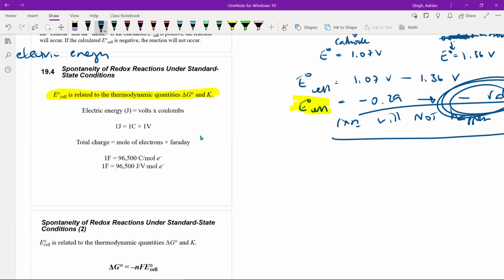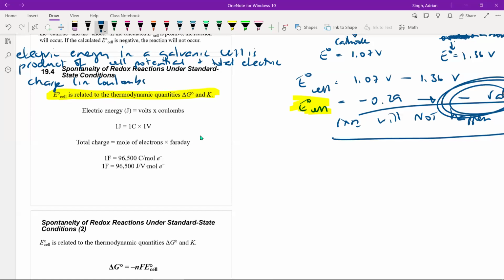Okay, so the electric energy in a galvanic or voltaic cell is the product of the cell potential and the total electric charge. And that charge is in the unit of charge, which is coulombs, that passes through the cell.